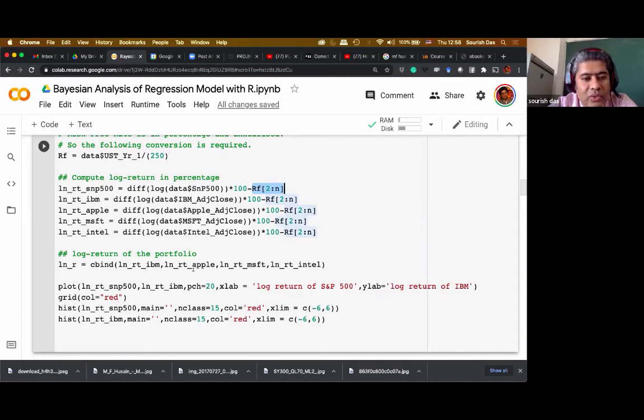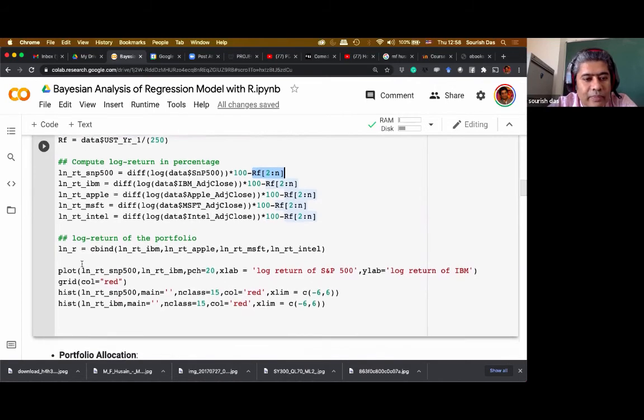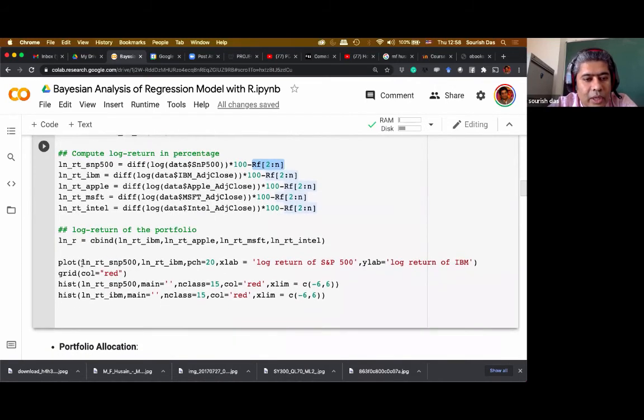I took these returns and clubbed them into one matrix. Here I am doing a plot of S&P 500 return and IBM return, and then a histogram of S&P 500 and of the IBM return.